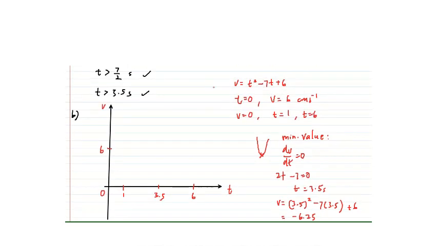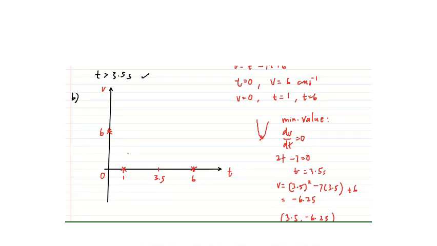When t equal to 0, v equal to 6. When v equal to 0, t equal to 1 and 6 seconds. And then the minimum value at 3.5 is negative 6.25, and then we sketch the graph.